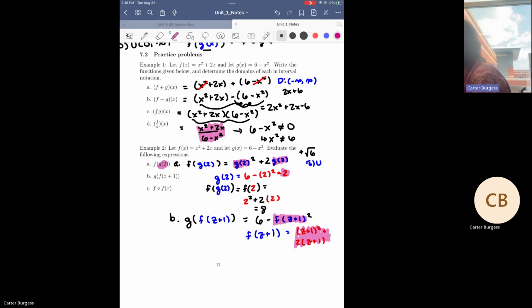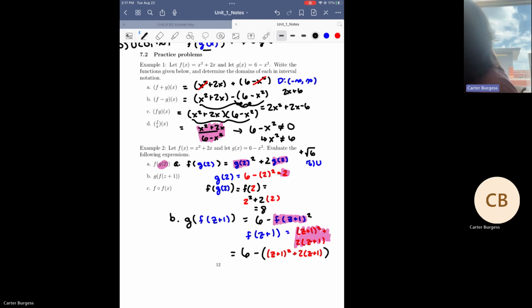It's going to look a little messy. That's okay. I don't require us to simplify, and I will continue to not require us to simplify. So what is this going to look like? Well, this is equal to 6 minus, in parentheses, z plus 1 squared plus 2 times z plus 1.